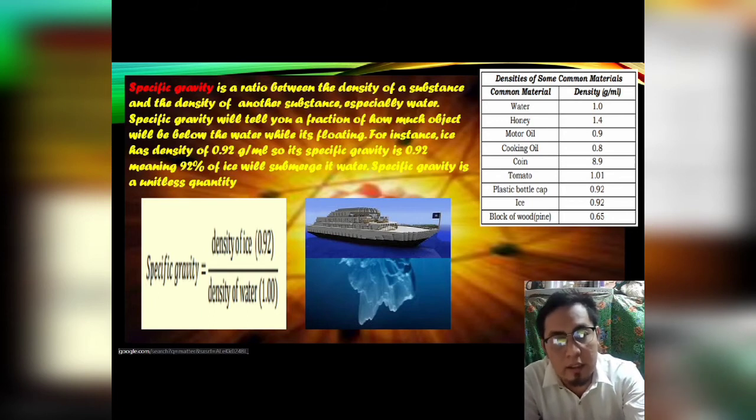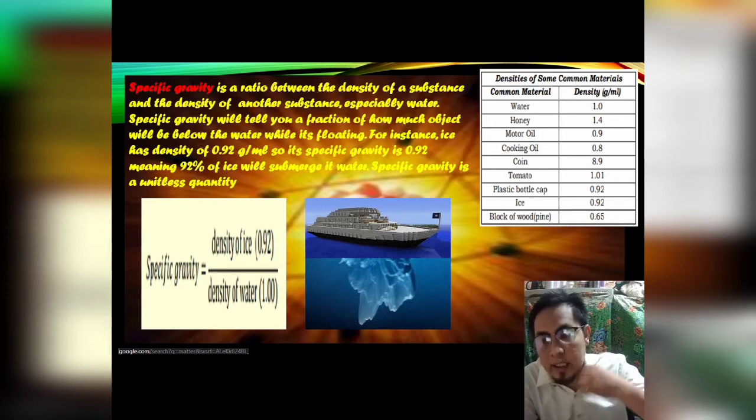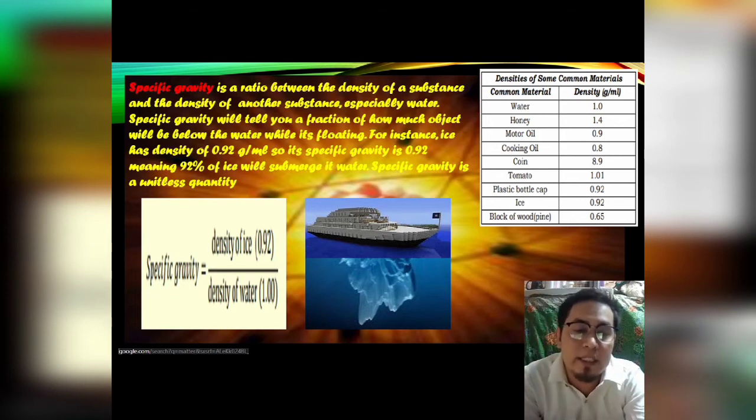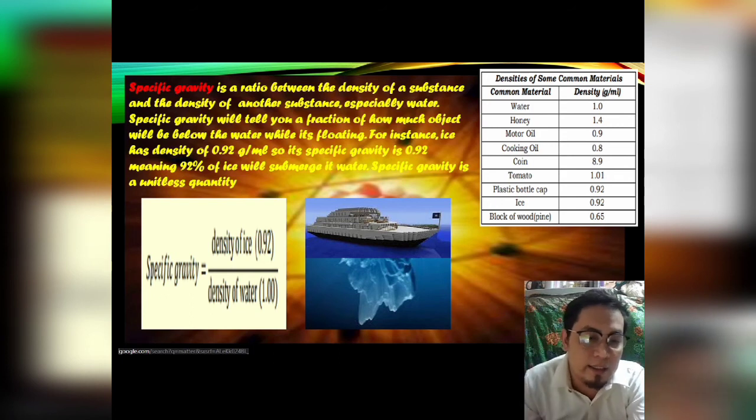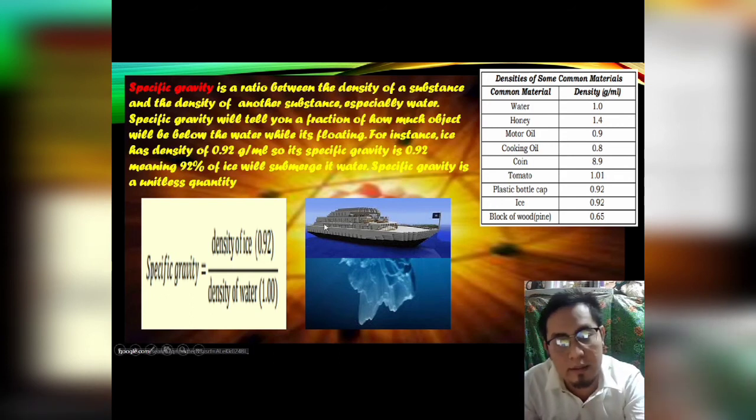If the determiner of whether an object will float or not is its density, why is it that a ship floats, wherein it is made of metal?